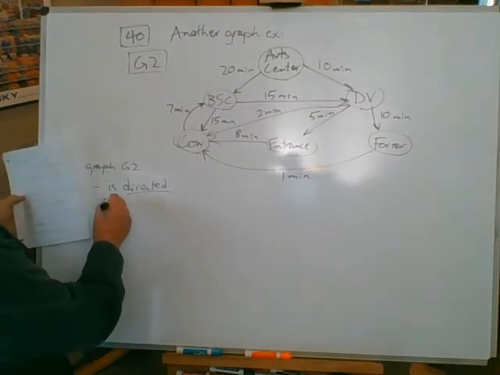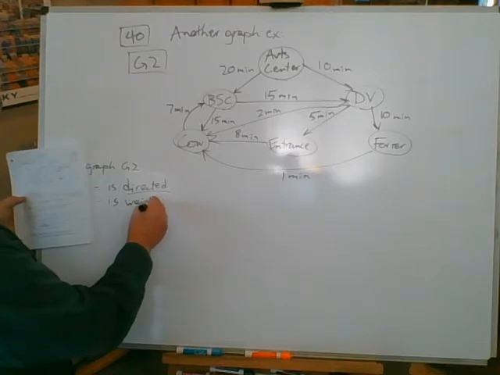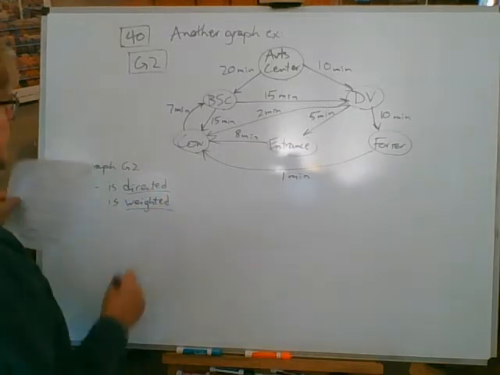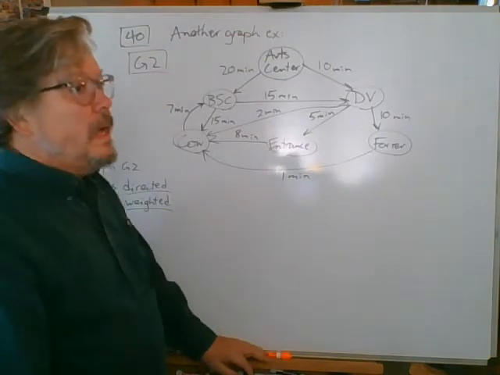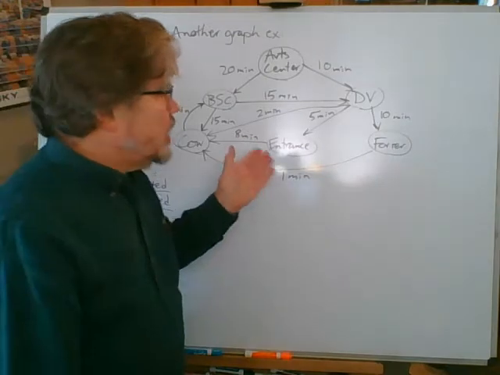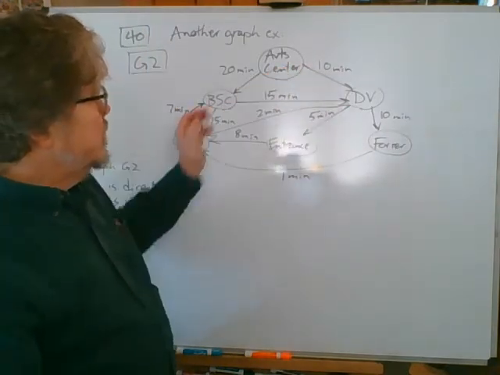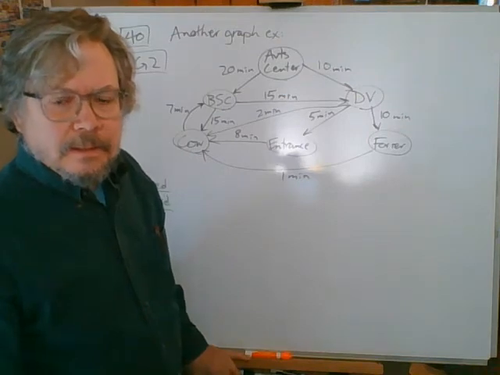It's also weighted. Graph G2 is weighted. What does that mean? It means there are labels on the arcs as well as labels on the nodes. Now in this case they are numbers. The 10, the 10, the 15, the 2, the 5. They don't necessarily have to be.